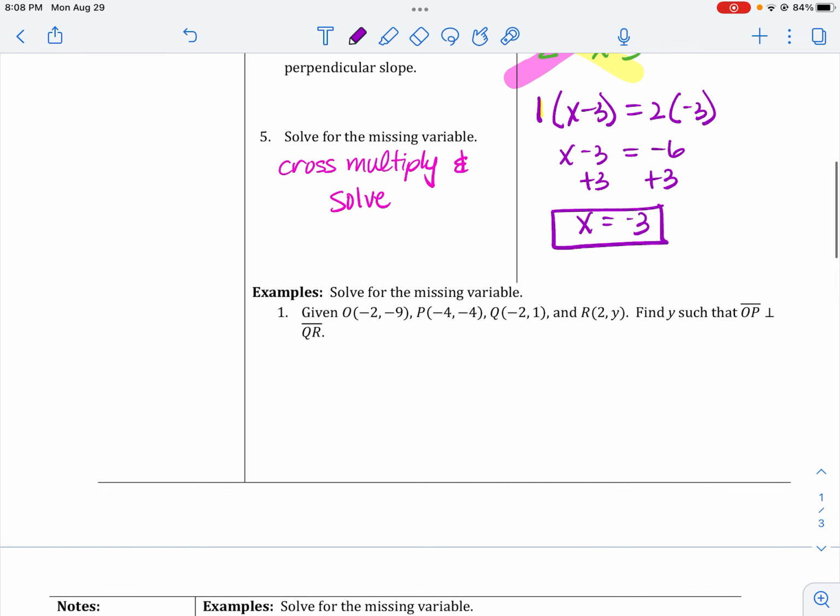All right, so first we find the slope of the first line. So that's OP. Notice this time I want it to be perpendicular. So first I'm going to find the slope of OP. x1, y1, x2, y2. That's negative 4 minus a negative 9 over negative 4 minus a negative 2.